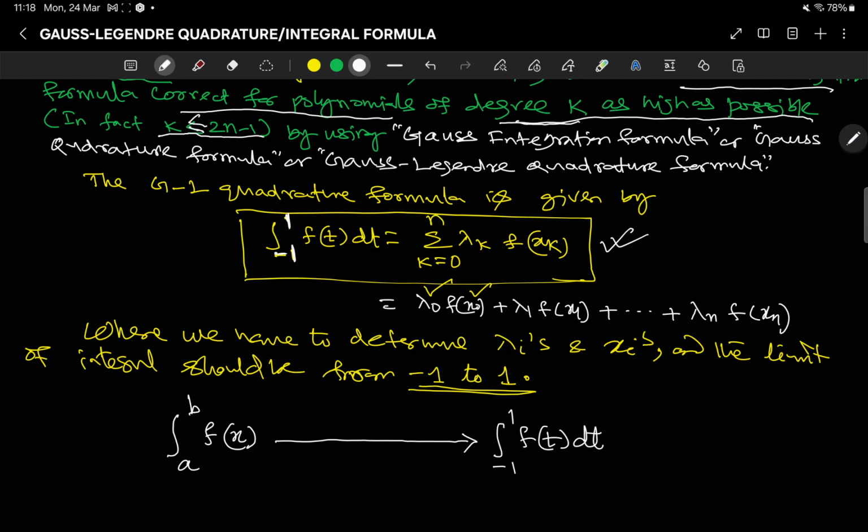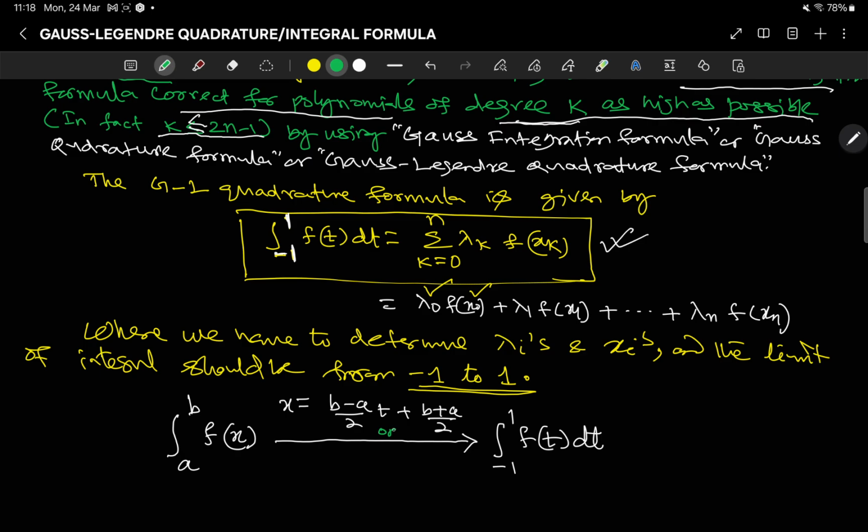This can be converted by using the transformation x is equal to (b minus a)/2 times t plus (b plus a)/2.